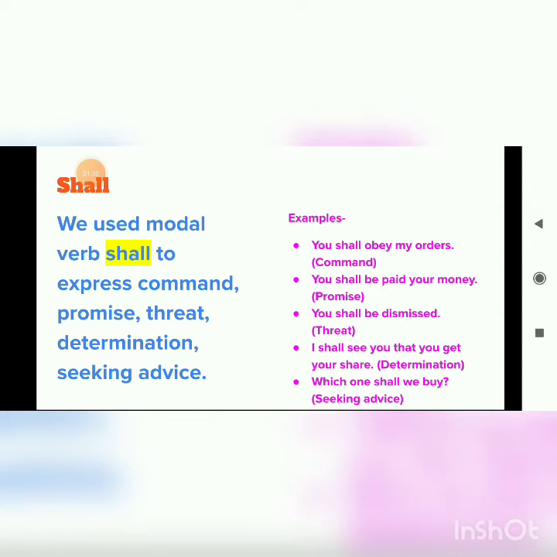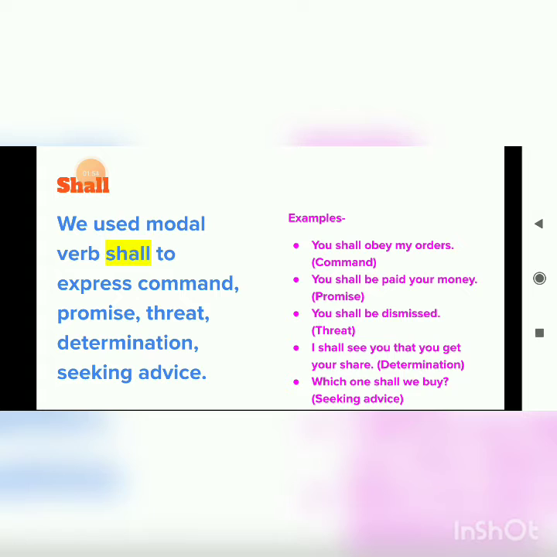Shall. We use modal verb shall to express command, promise, threat, determination, seeking advice. Examples: you shall obey my orders. It's a command. Next, you shall be paid your money.